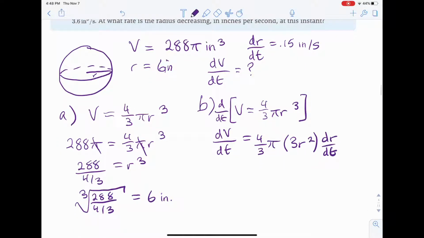So then dV/dt equals 4 pi r squared dr/dt.